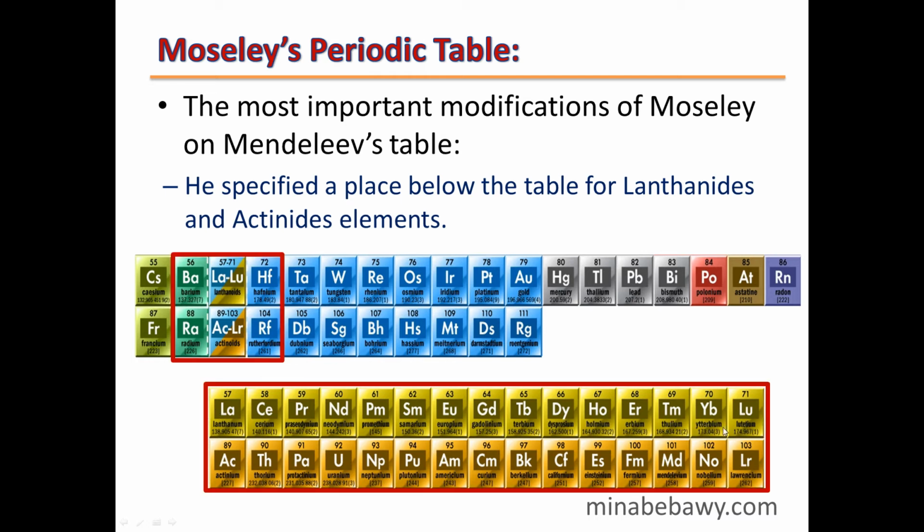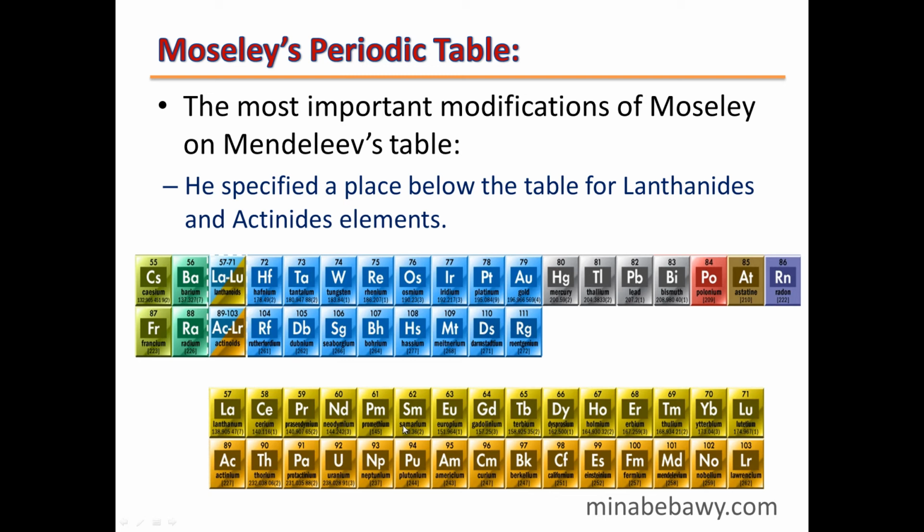This group of elements is called lanthanides. Also we have the same gap between Ra 88 and Lr 103. This gap is filled by this group of elements, which are called actinides, starting from actinium Ac 89 and ending with Lr 103.